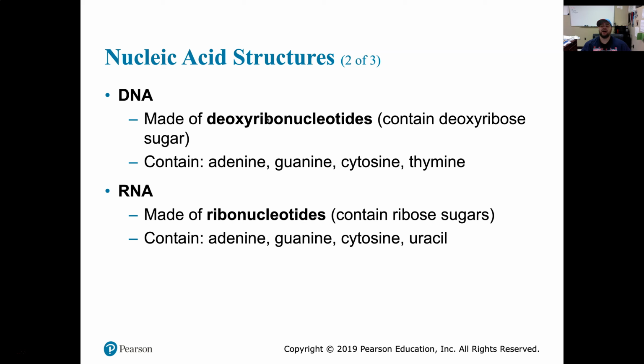You will have hydrogen bonds form between the pair, the nucleotide pairs. So if you have a guanine and cytosine, then you have 3 hydrogen bonds holding it together. If you have adenine and thymine, you have 2 hydrogen bonds holding it together. Now, RNA is single-stranded in most cases.